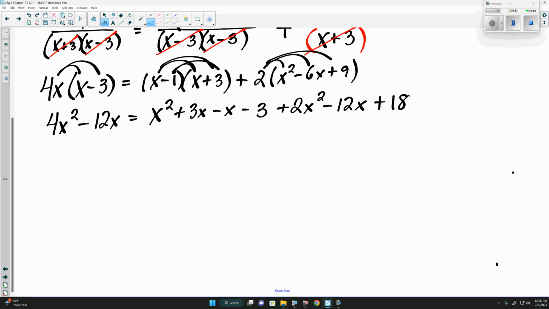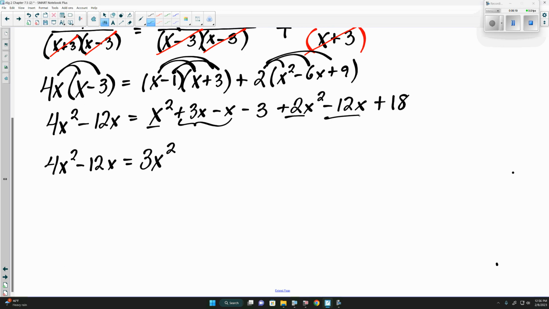Now at this point here, we can combine like terms, but the 4x squared and 12x don't have any like terms. But on this side here, we have x squared and 2x squared, which gives us 3x squared. Now we do have 3 different x terms, but 3x minus x is positive 2x.